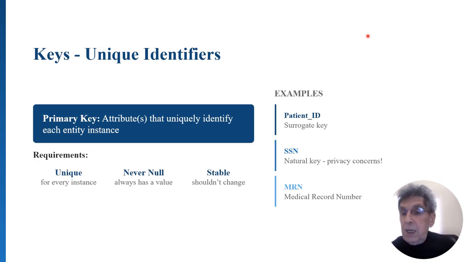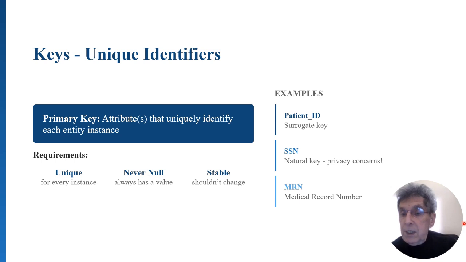If John Smith has patient ID 1001, no other patient can have patient ID 1001. Second, never null. Every instance must have a primary key value. You can't have a patient with no patient ID. And third, stability. Primary keys shouldn't change. If we use patient ID 1001 for John Smith, it should stay 1001 forever. If primary keys were to change, every indirect reference to that record breaks.